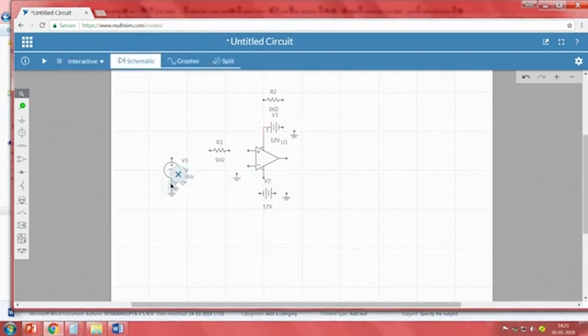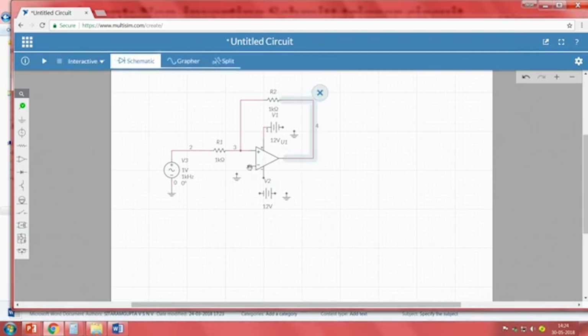When you click it, it will connect, right. Similarly, from here go here and click, and again from the resistor to the positive terminal, and the other end of the resistor has to be connected to V out.